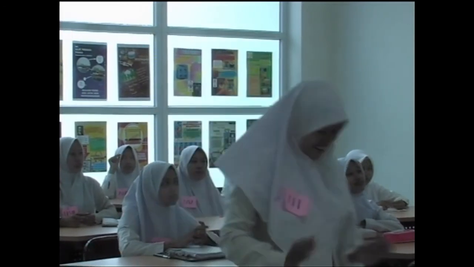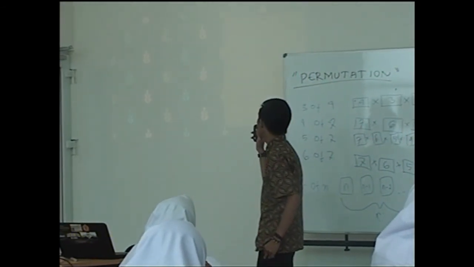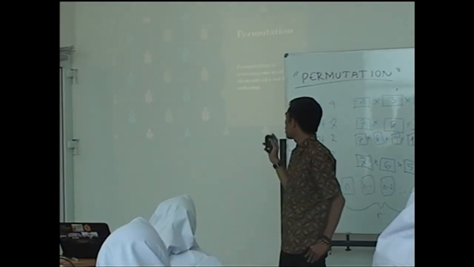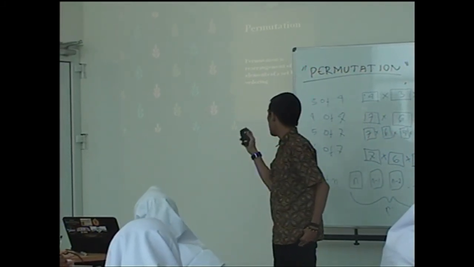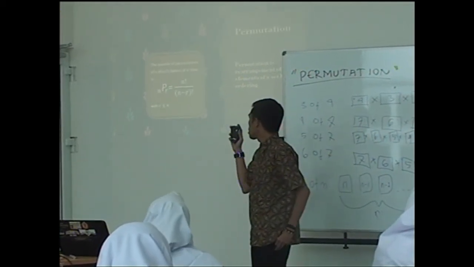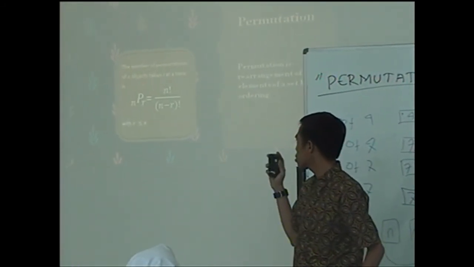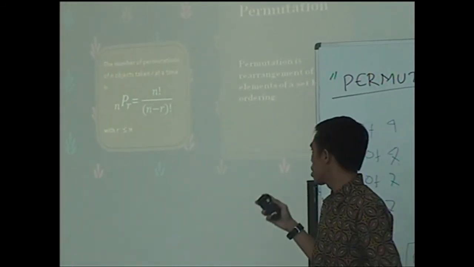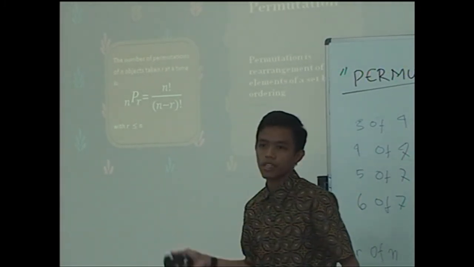That's right. The permutation is the rearrangement of all the elements of a set by ordering. And the permutation can be written as N permutation of N equal to N factorial over N minus N factorial, with R less than or equal to N.